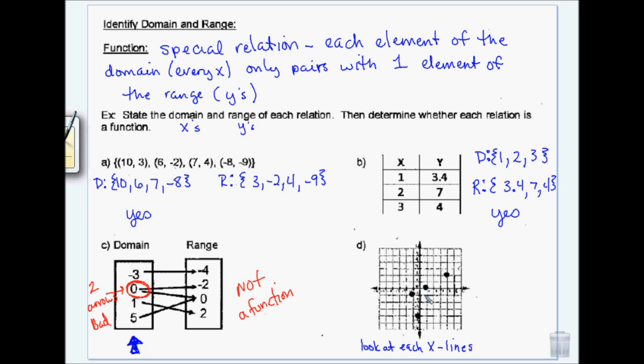This is where X is 0, X is 1, X is 4. Okay, there can only be 1 point per line. Okay, and in this case, I only have 1 point per line of an X, so yes, it's a function.